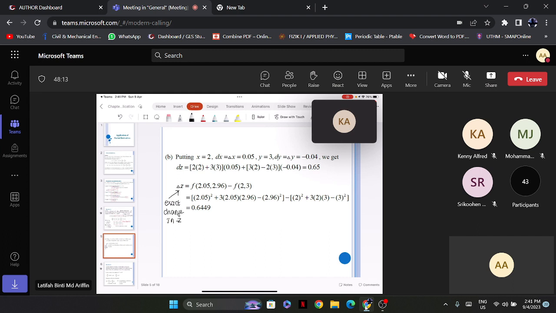So exact change in z is given by f(x1, y1) minus f(x0, y0), dia akan dapat 0.6449. So cuba lihat value yang kita dapat ni, this is the exact value, meanwhile this is the approximation value. Approximation ni kita just nak menganggarkan dan value yang kita dapat tu sepatutnya menghampiri exact value.